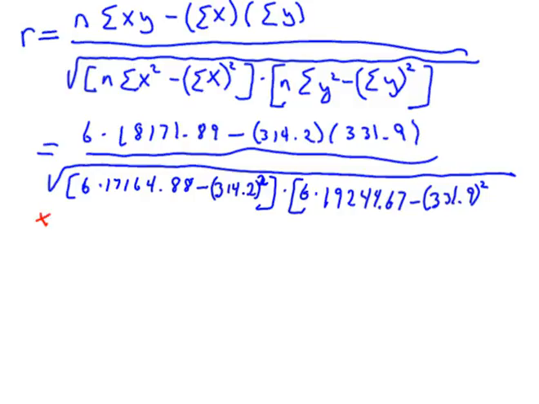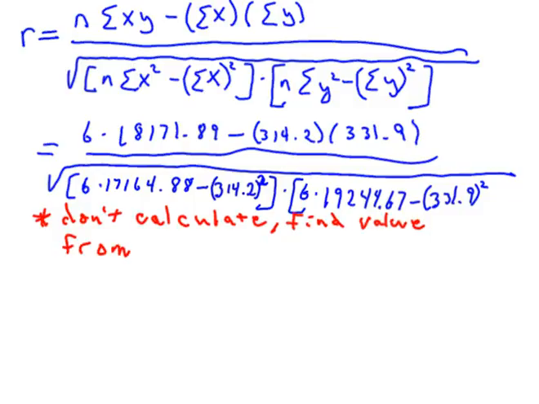Before continuing, remember, I don't need to see, don't calculate this by hand. Just find the value from your calculator. We discussed how to do that on the calculator video.